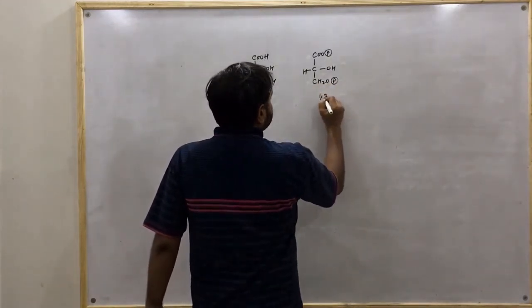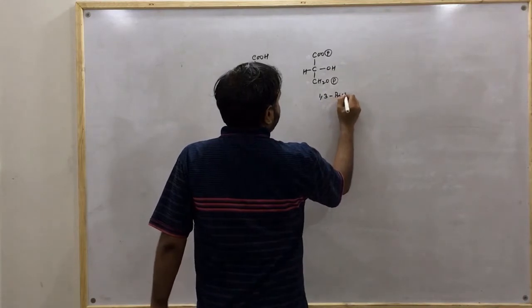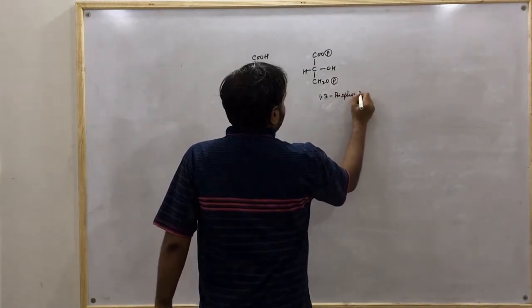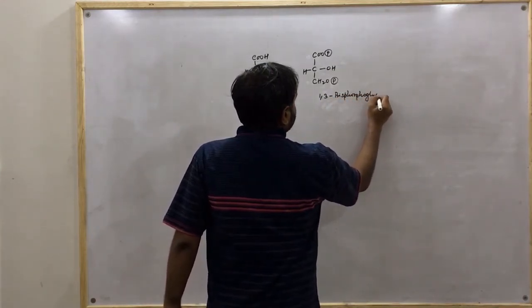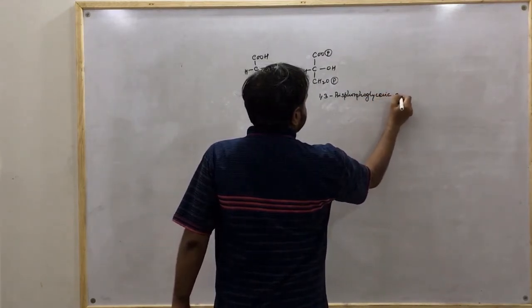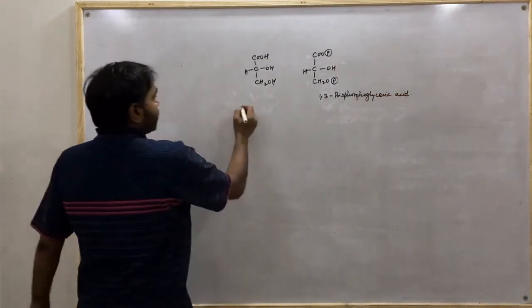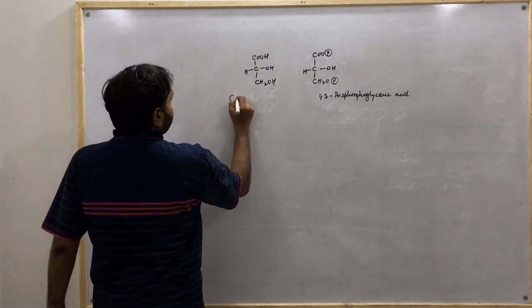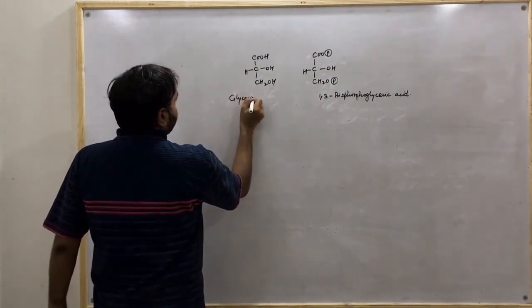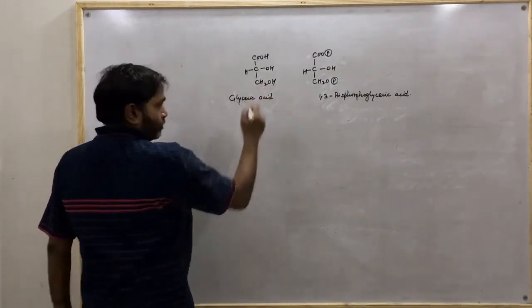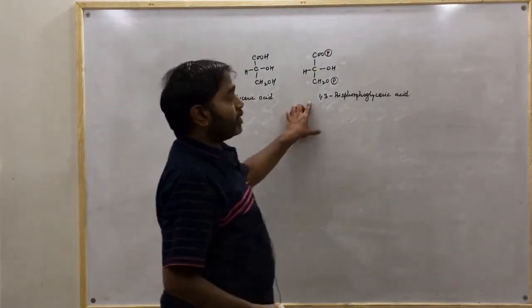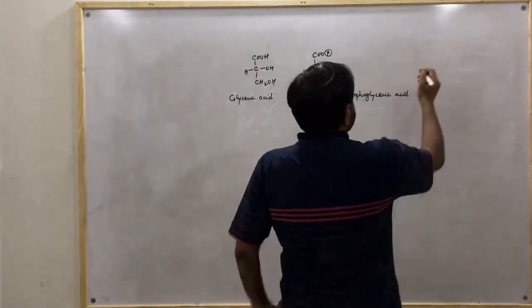So this is 1,3-bisphosphoglyceric acid, and this one is glyceric acid, the basic molecule. Now we will make 2,3-bisphosphoglyceric acid.